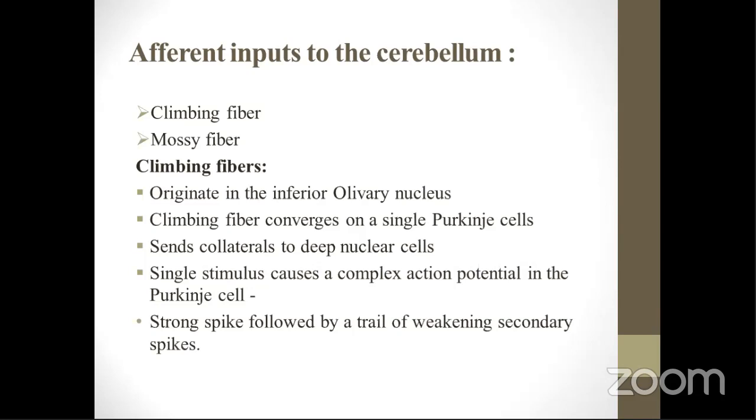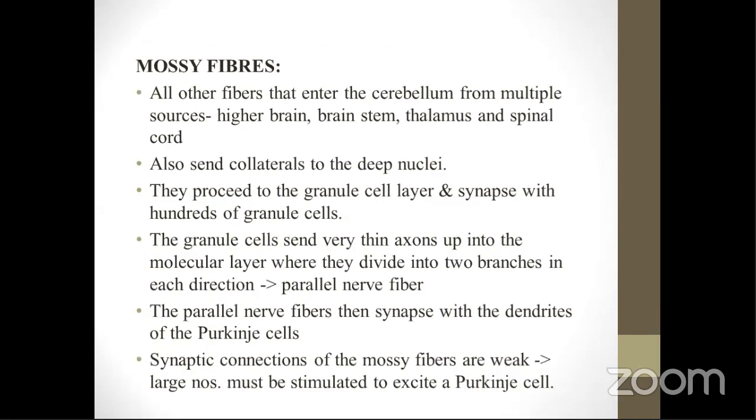And from the Purkinje cells, the collaterals also go to the deep nuclear cells. So there is a connection between one climbing fiber to one Purkinje cell. The importance of this we will let you know in the coming slide when we discuss the functions of the cerebellum.